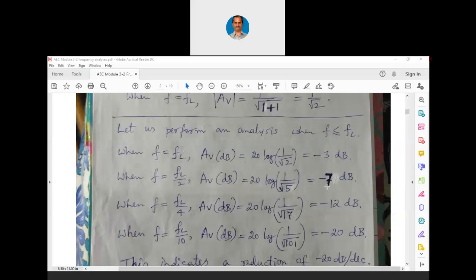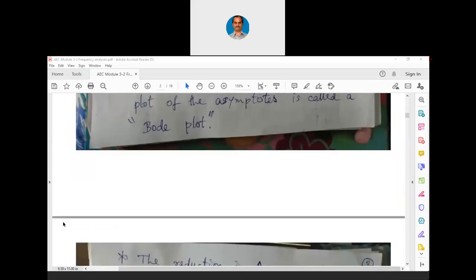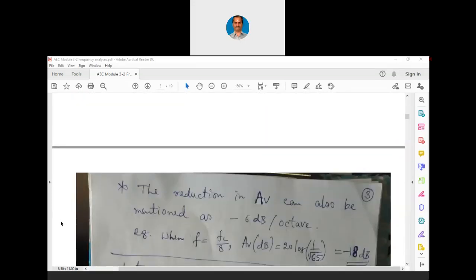Otherwise, it is 6 point something. That way, we can also take it as 6 dB. So, in general, remember this value: for any first order electronic system, the roll-off factor is 20 dB per decade or 6 dB per octave.